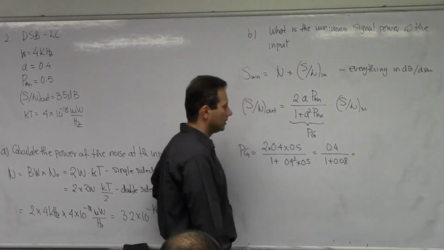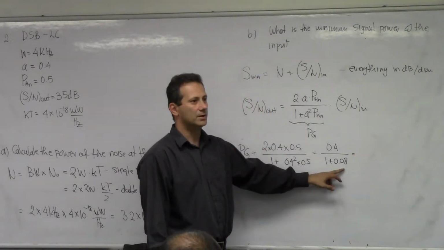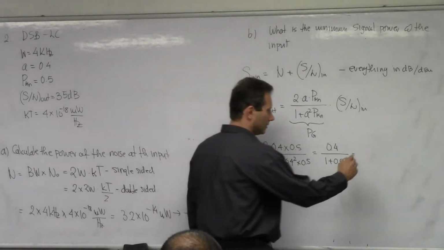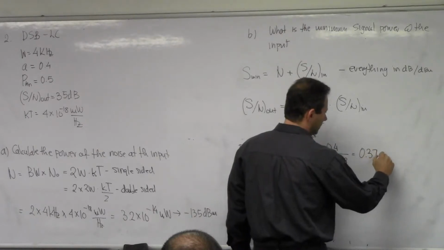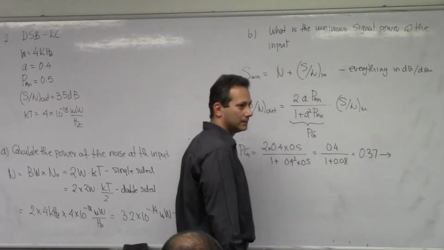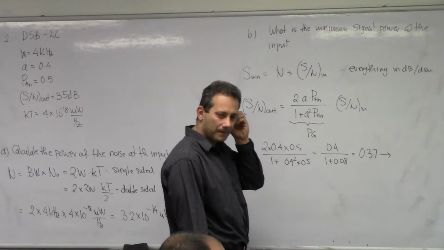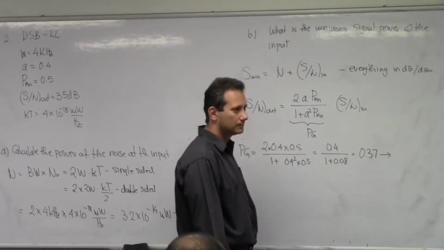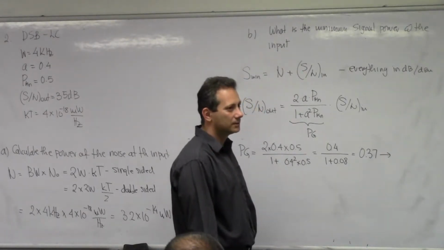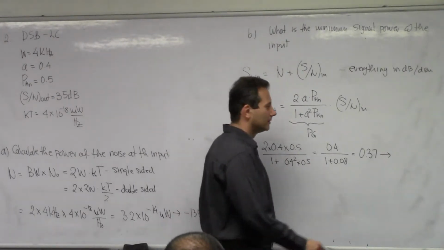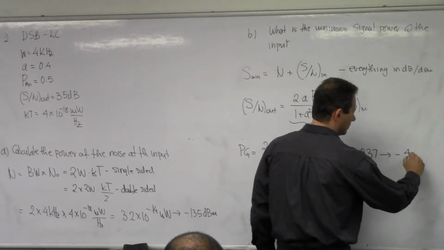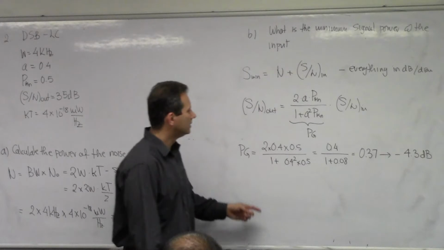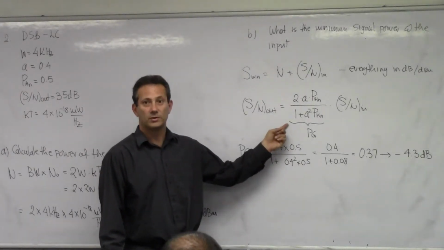No, it cannot be, because this is larger than 1. So it's 0.4 divided by 1.08, which is 0.37. Then take the 10 log of that, minus 0.43, times 10, so it's minus 4.3 dB. So the processing gain in this case is minus 4.3 dB.